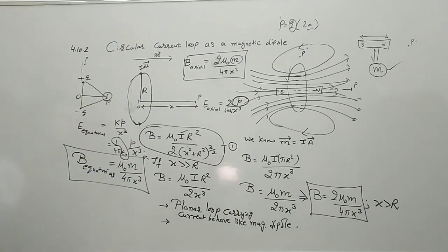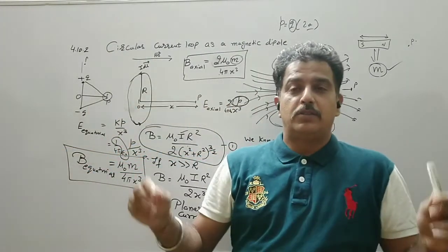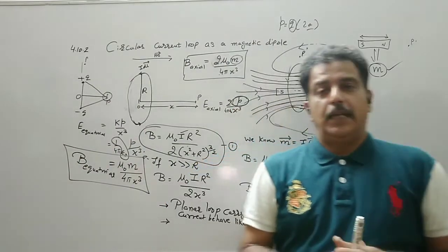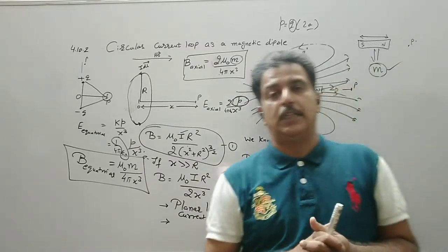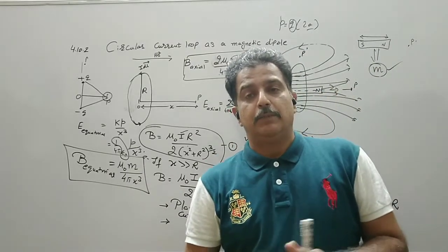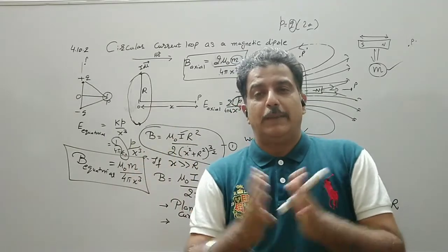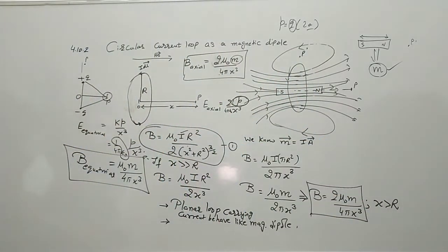Second thing, you have to remember that the electric dipole is made up of two charges which can be a monopole, and they form a system. So a dipole was a system of two equal and opposite charges separated by a finite distance. But in this situation, it is not possible to separate the north and south pole. So a magnetic monopole does not exist.